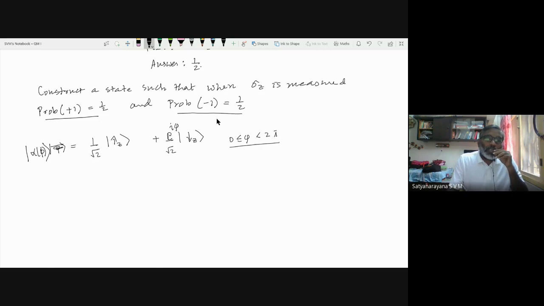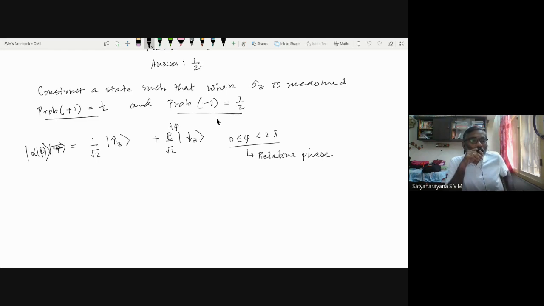So how many states can I construct? I can construct infinitely many states, because for every value of phi, the probability of plus 1 is half and the probability of minus 1 is half for this state. Do you understand this? This phi is what is called a relative phase. If you give probabilities alone, then we will not know the relative phase.